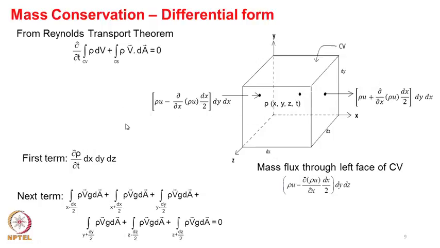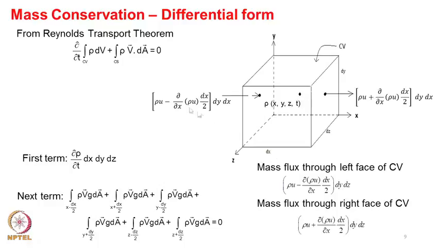So, you can say mass flux through the left face of the CV and mass flux through the right face of the CV. You get a term defined like this for each face and put them in this equation, and finally, in all, you have dy, dz and dx terms, which is actually the volume.